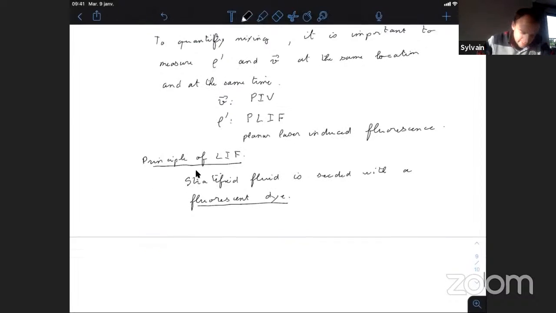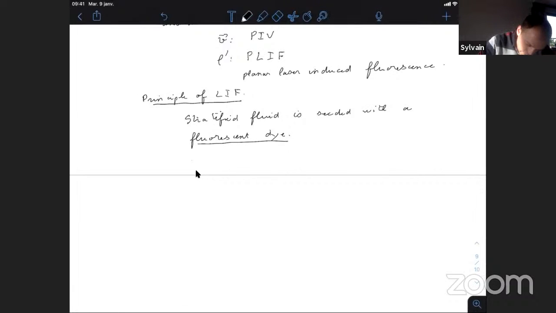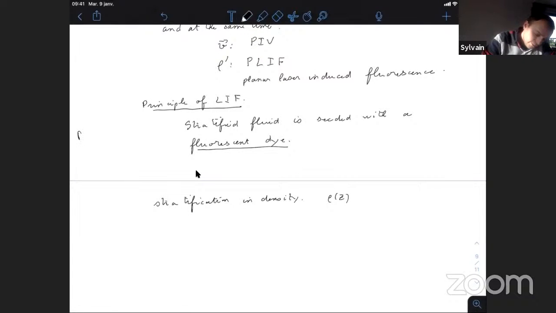And more precisely, we have a stratification in density in Z, and all this technique I will describe is in a paper we have published in Experiments in Fluids, Tossman, in 2016.